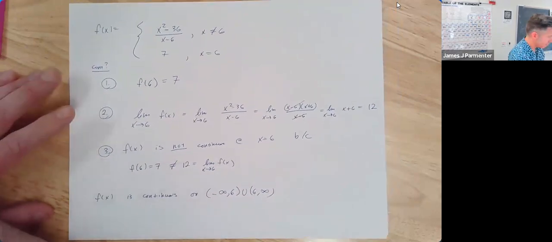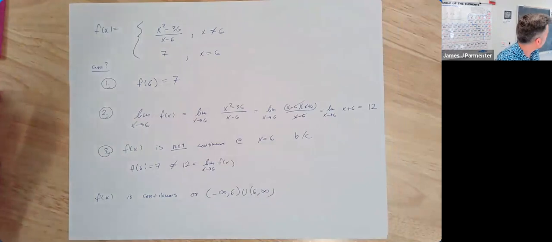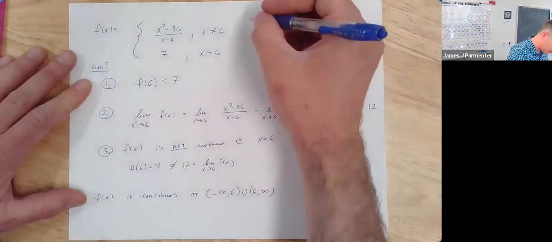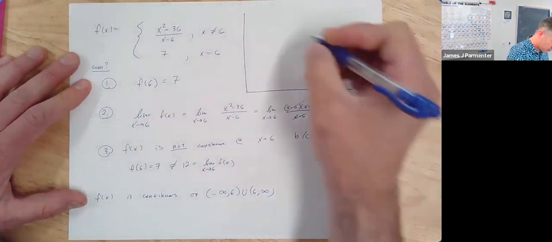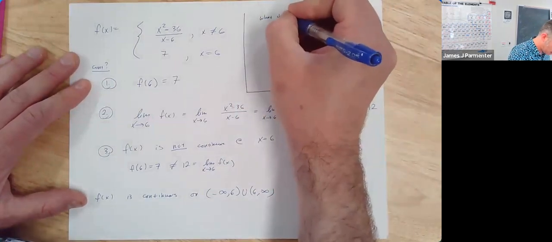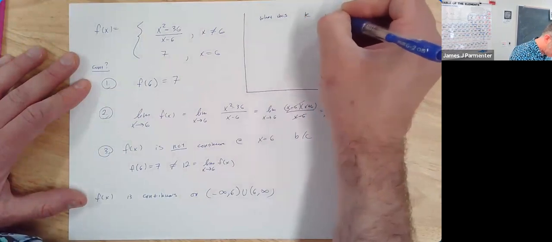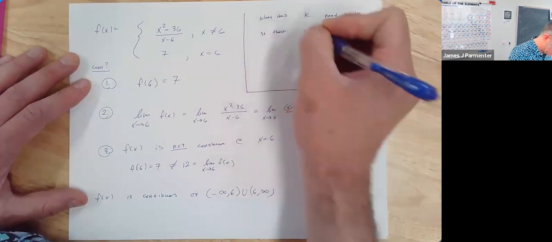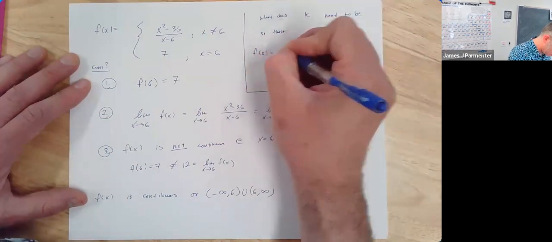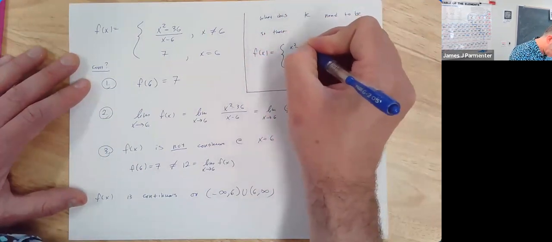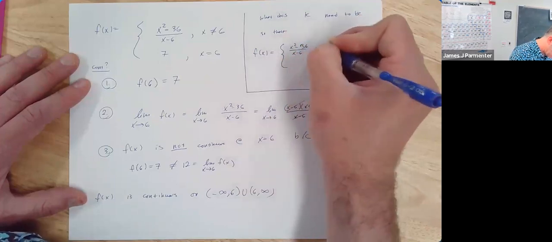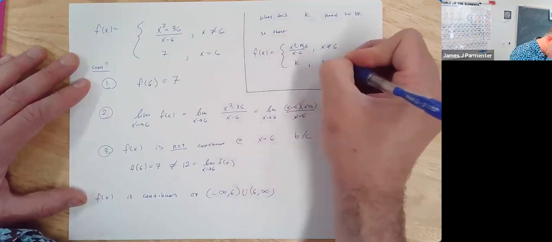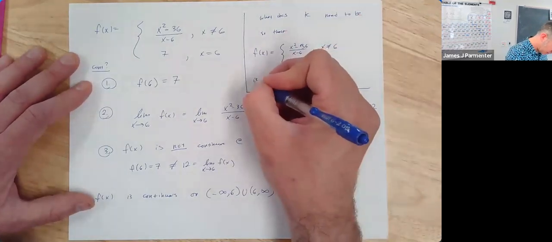Now, a question that people would like to ask here is, what can we change this number here to? For example, what does k need to be so that this very similar function, f of x equal to x squared minus 36 over x minus 6 when x is not equal to 6, and k when x is equal to 6, is continuous?